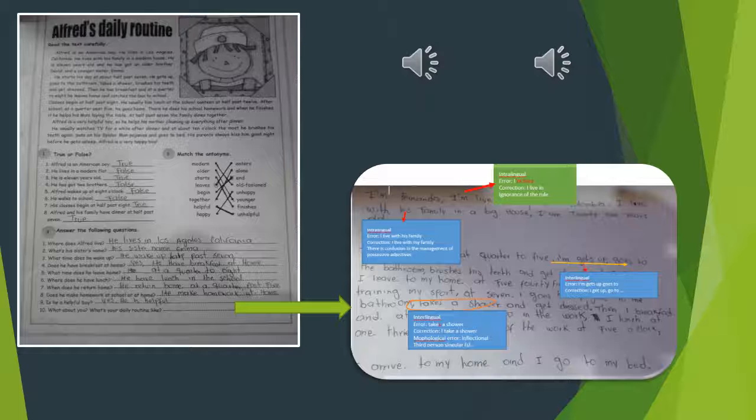In another point, she wrote "I am lives", but the correct form is "I live".